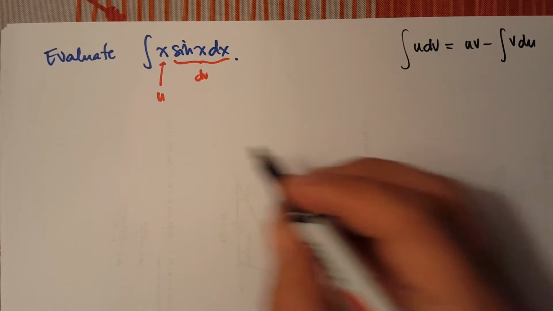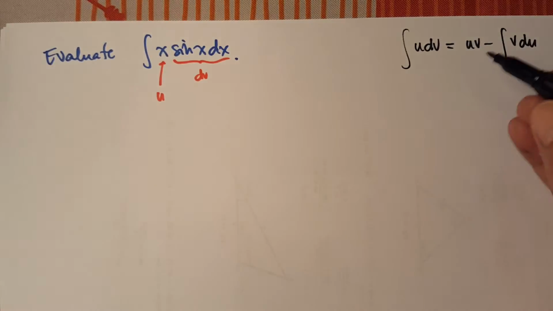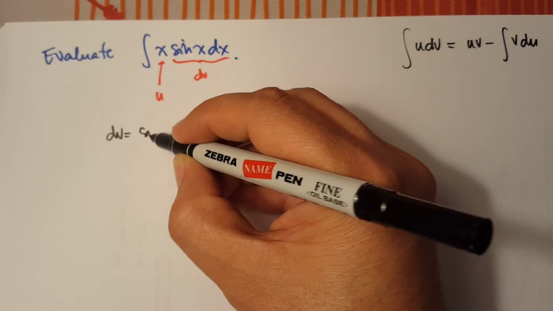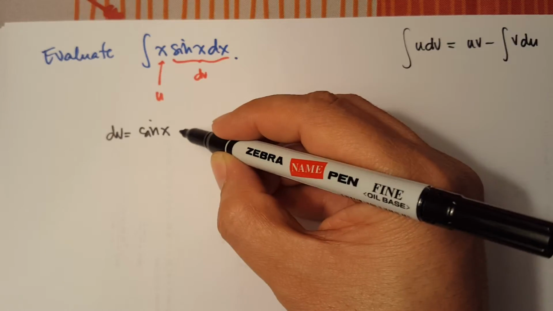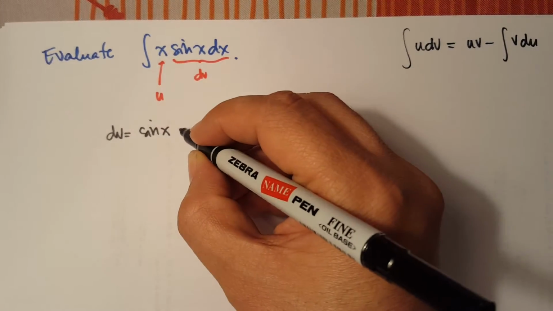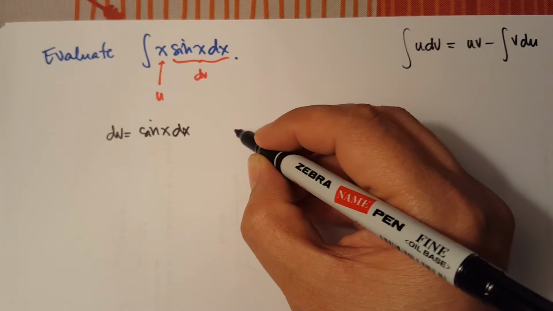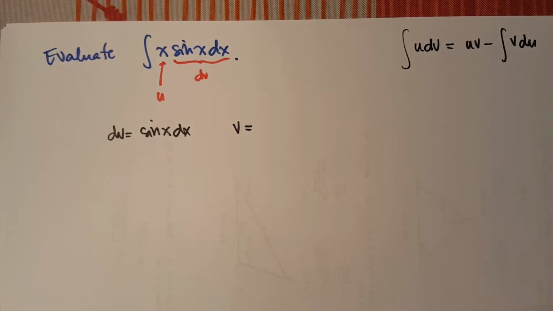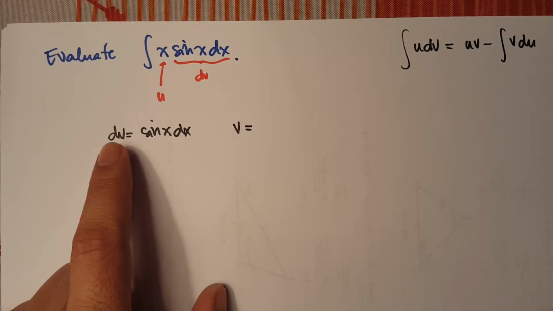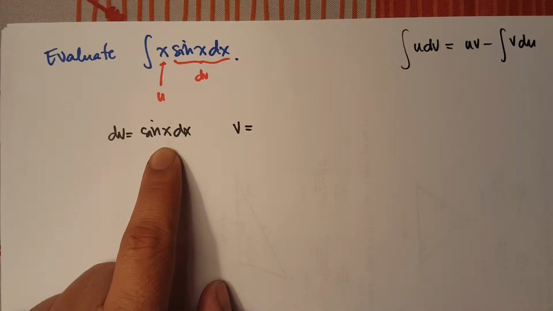Now let me start with dv. If dv is equal to sine x dx, then what is v? How do we find v? Well, that means we simply have to integrate sine x dx.